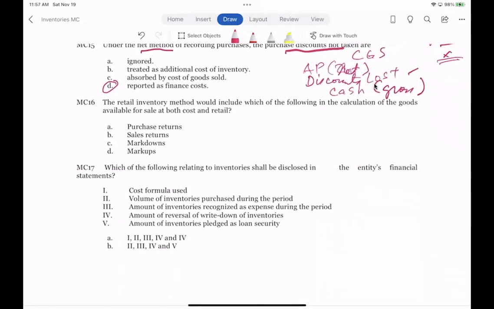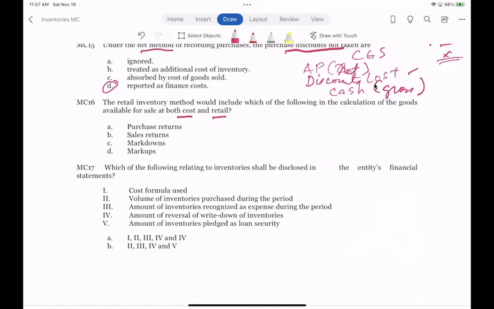The retail inventory method would include which of the following in the calculation of the goods available for sale at both cost and retail. Okay, so which one will be included? So purchase returns, yes.